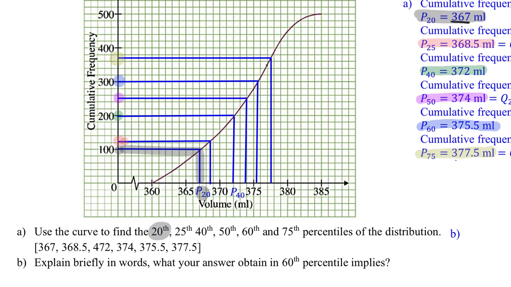That's where my 125 is, and when I go down, I would be able to get my P 25%, which is my 25 percentile, 368.5.